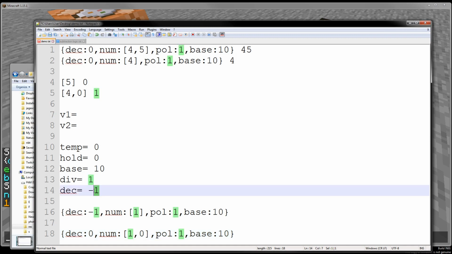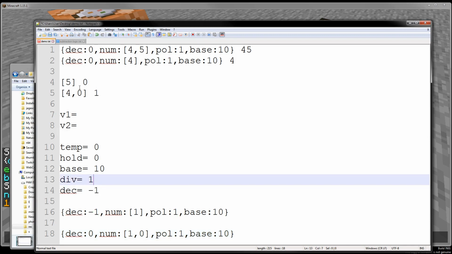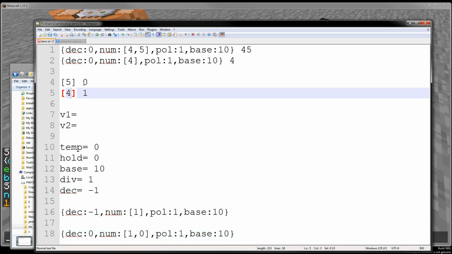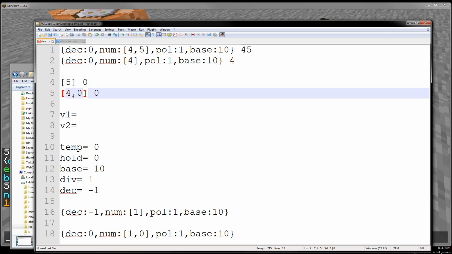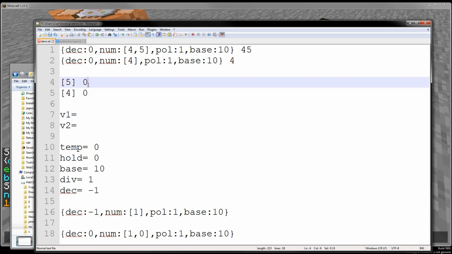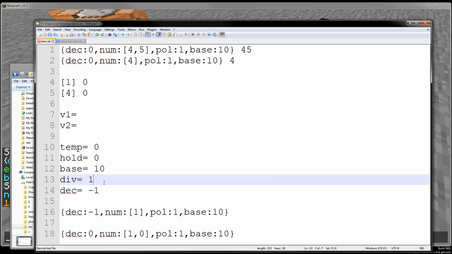So next, I have the remainder from last time, which is 5, and then I make this greater, and it's already greater, so then I subtract that again. So now I have 5 and 4. I can subtract 4 from 5 once, leaving me with a remainder of 1, and my div is 1.